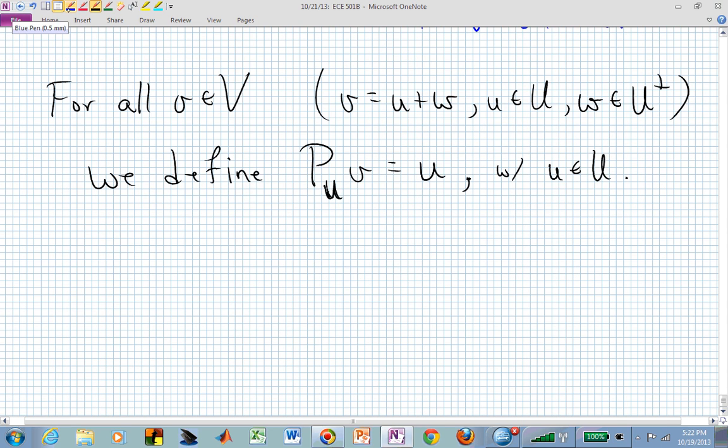Once we have that, we can establish quite a few properties of the projection operator.